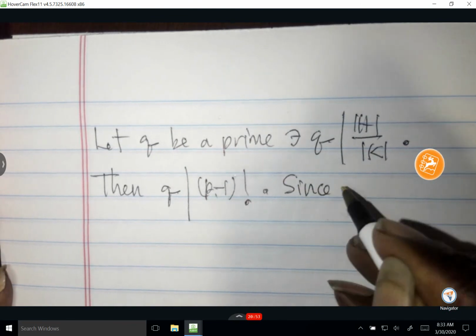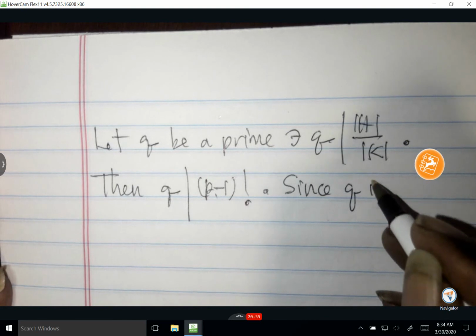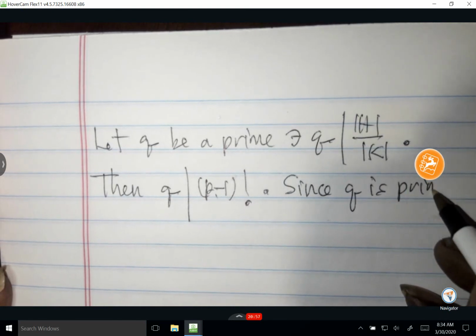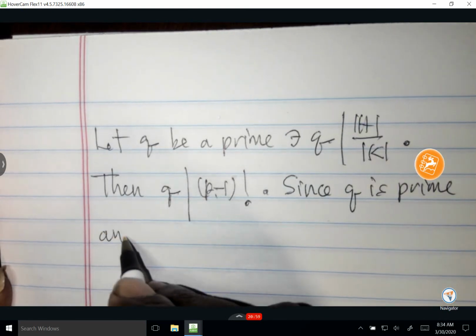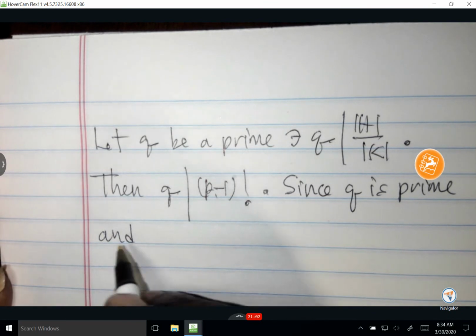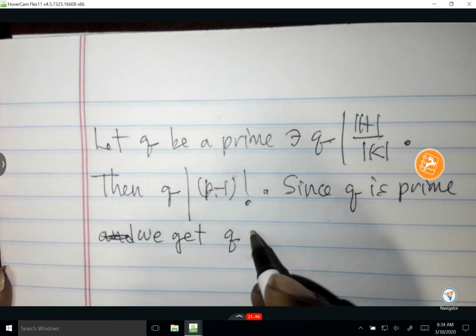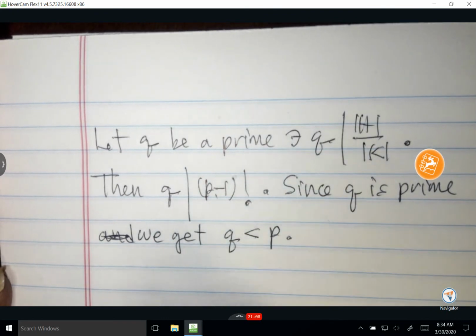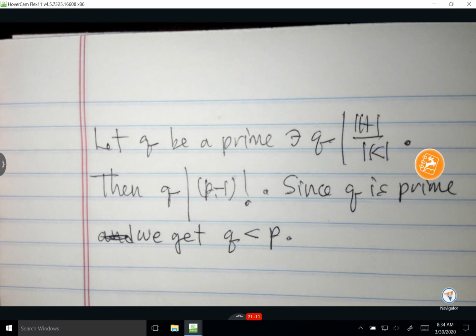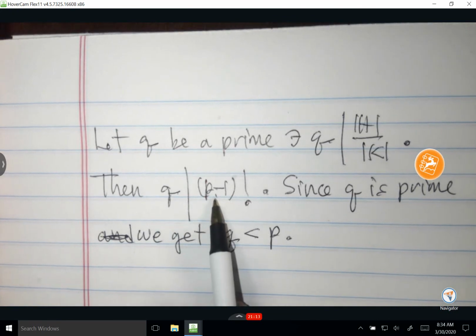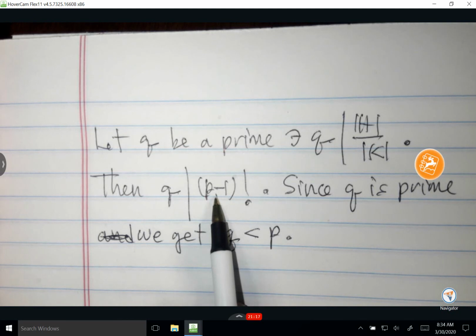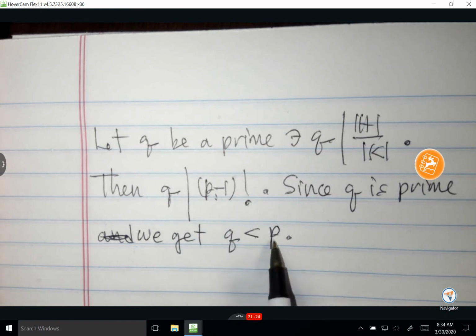Since Q is prime, we get Q has to be strictly less than P. Can't even be equal, because P doesn't divide P minus 1 factorial. The only primes that divide P minus 1 factorial are primes that are less than P. So Q has to be less than P.